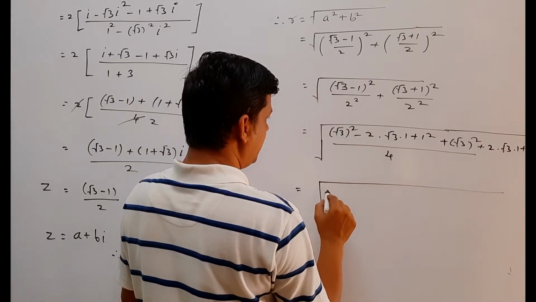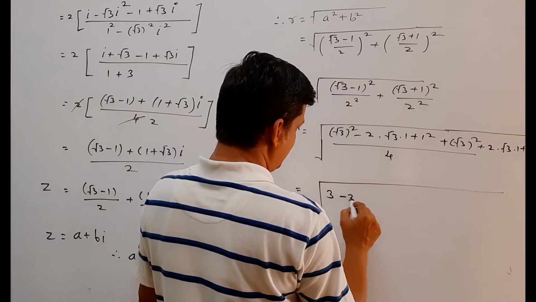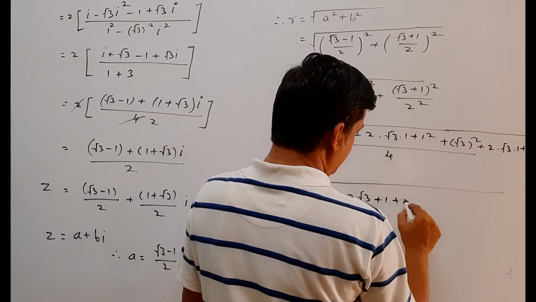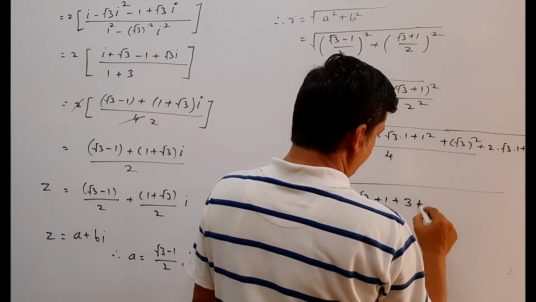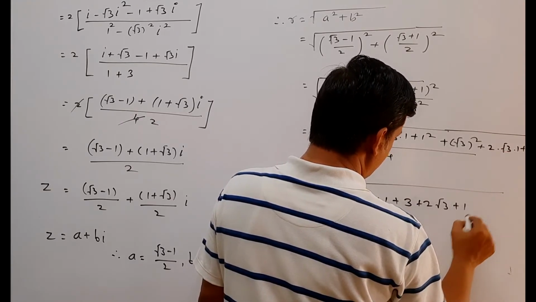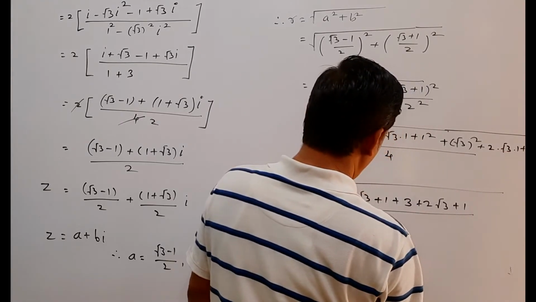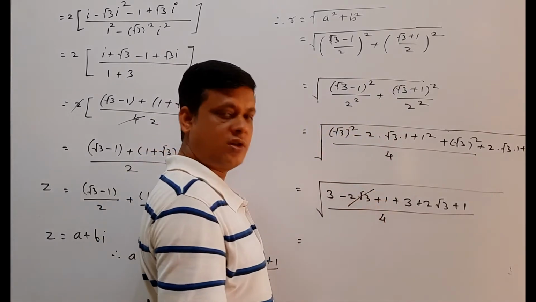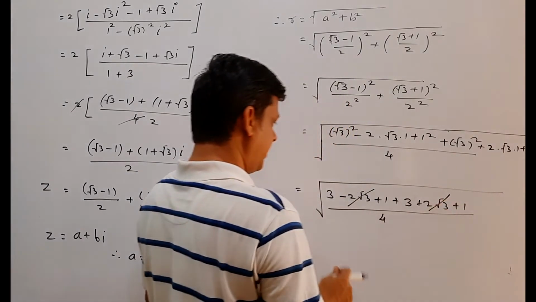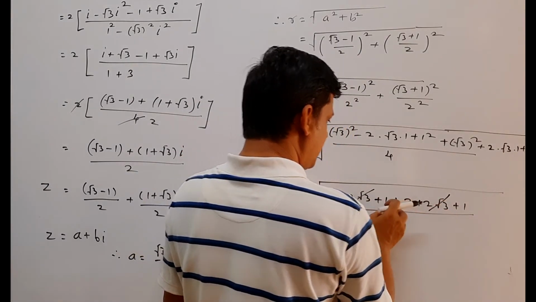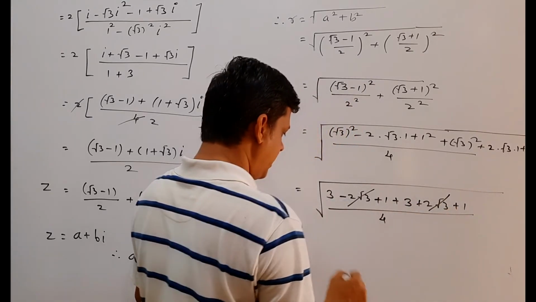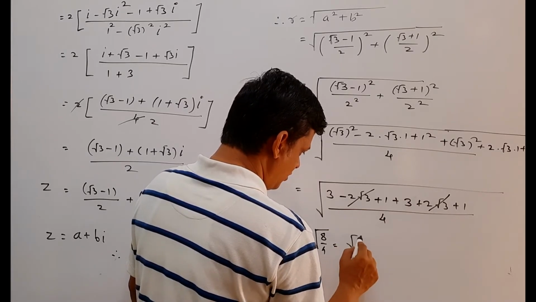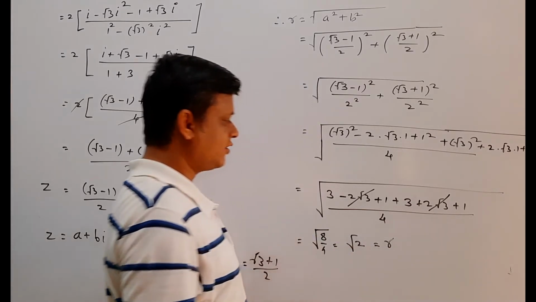So root 3 square is 3, minus 2 root 3, 1 square is 1, plus root 3 square is 3, plus 2 root 3, plus 1, upon 4. The minus 2 root 3 gets cancelled with the plus 2 root 3. 3 plus 3 is 6, 6 plus 1 is 7, 7 plus 1 is 8, so we get 8 by 4, which is equal to root 2. That means the value of r is root 2.